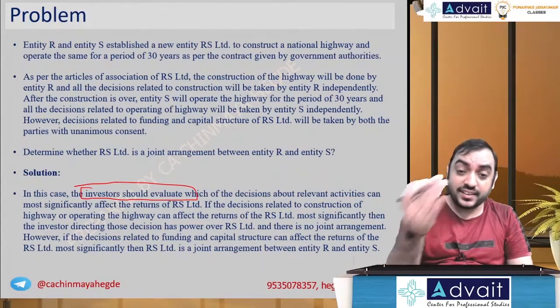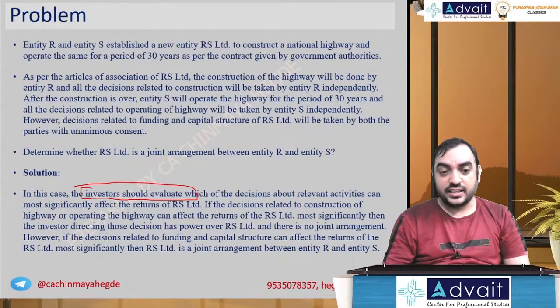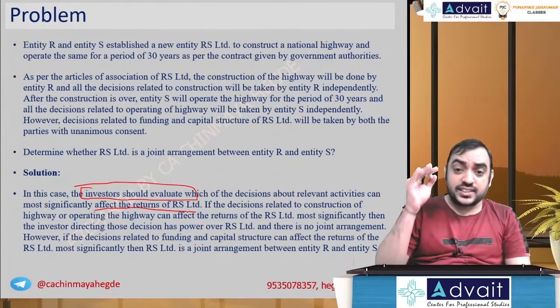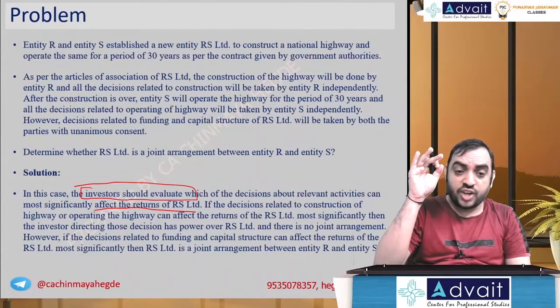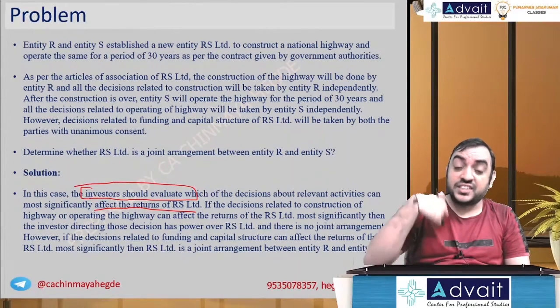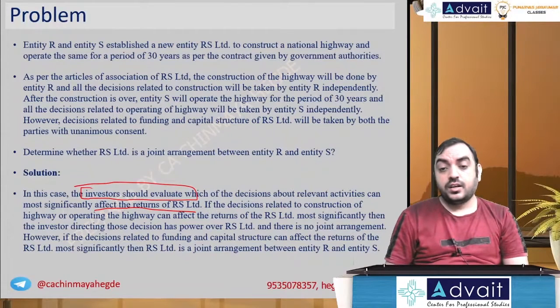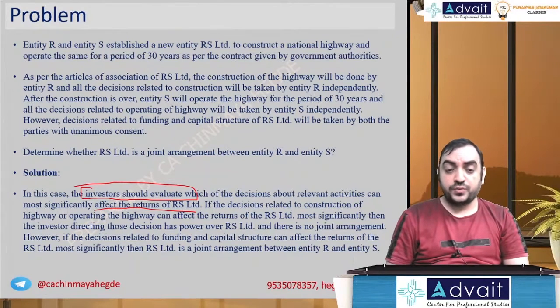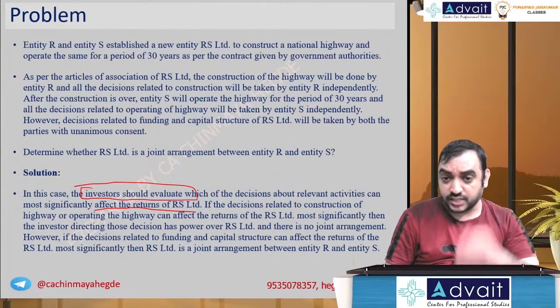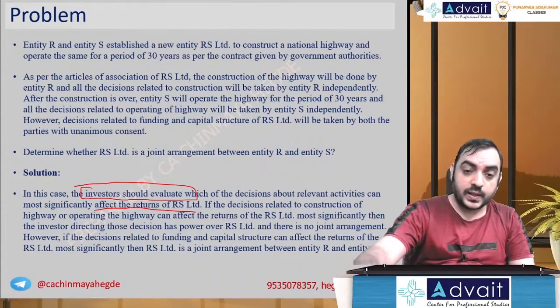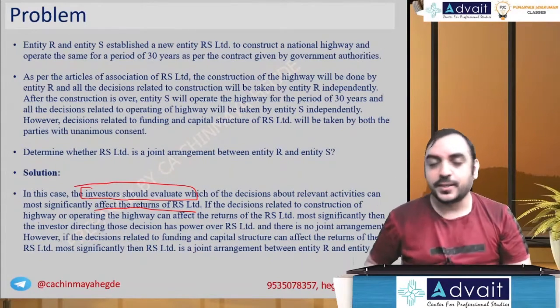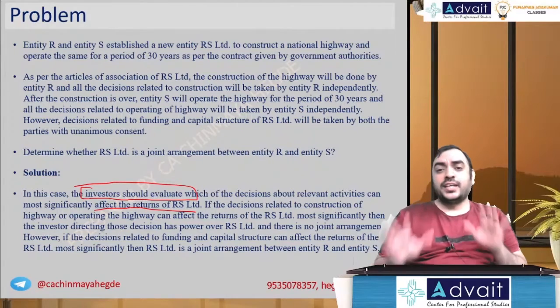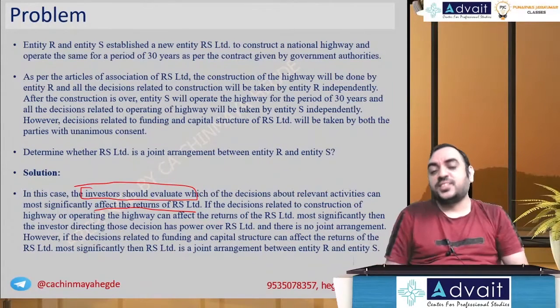Investors should evaluate which relevant activities can significantly affect the returns of RS Limited. If the decisions relating to the construction or operating of the highway can affect the returns of RS Limited more significantly, then the investor directing those decisions has the power and there is no joint arrangement. If the decision relating to the funding and capital structure affects returns more significantly, then RS Limited is a joint venture between entity R and entity S. So they are giving a situational answer.